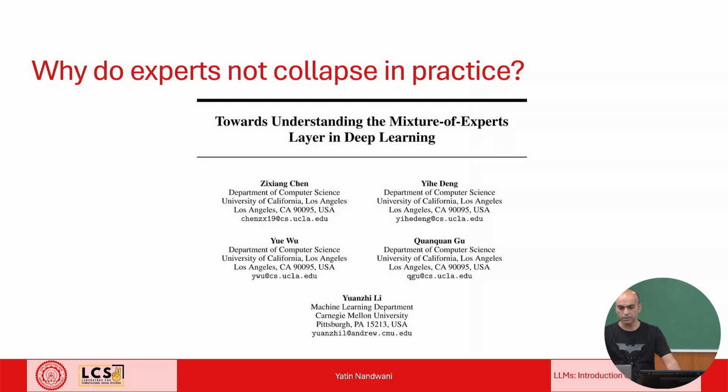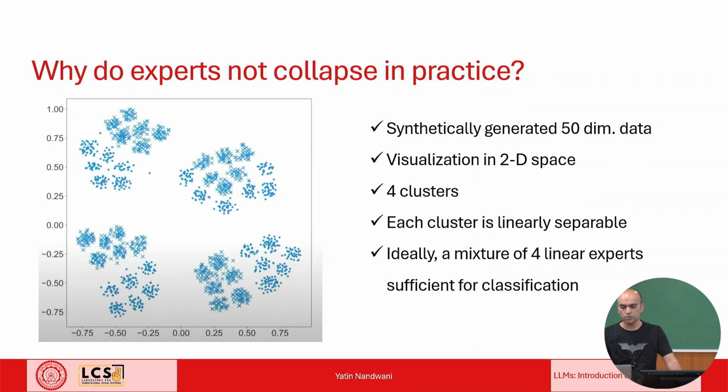There is a work towards understanding the mixture of expert layer in deep learning. They analyze this question, and to answer this, they consider a synthetic setup. They create data synthetically in this fashion. So there are 4 clusters, and each cluster is linearly separable, right?